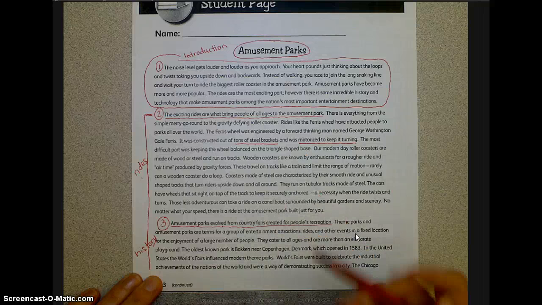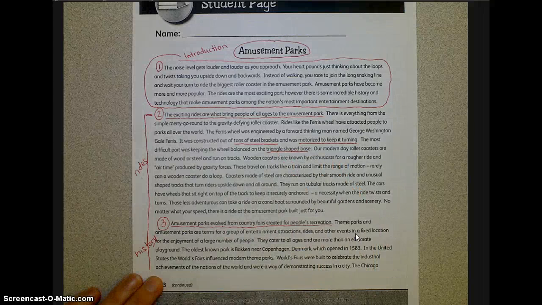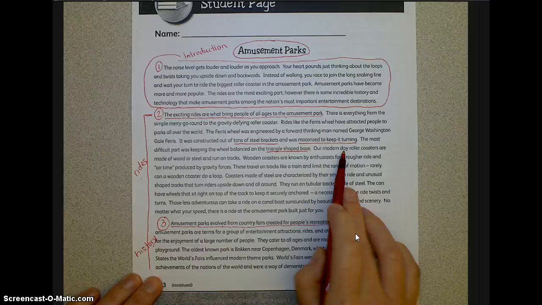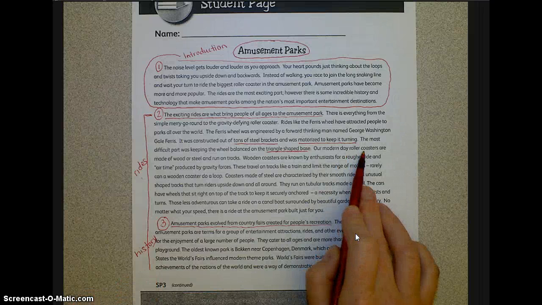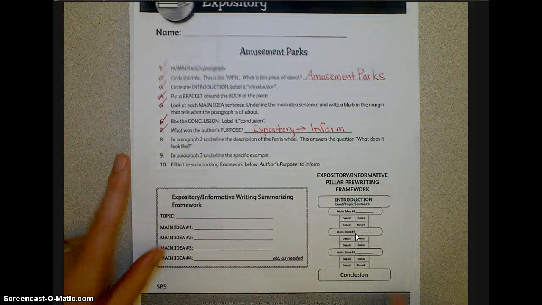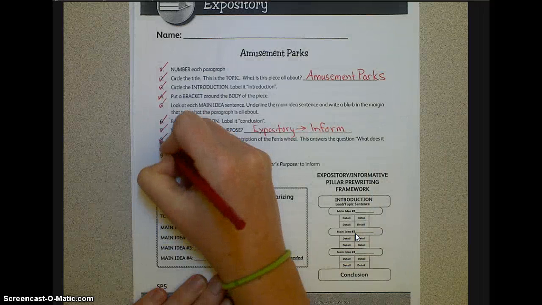So I can see that there's a triangle-shaped base. I'm going to keep reading. Our modern-day roller coasters. So I see now that we're talking about roller coasters. I'm done reading paragraph 2 because I only wanted information about the Ferris wheel. So I'm going to check off number 8.